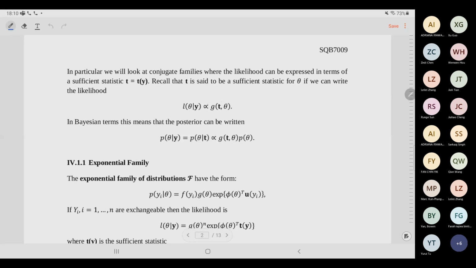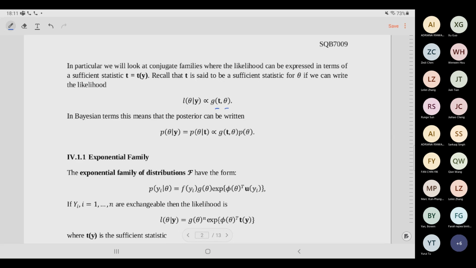So your likelihood is only a function of your T and theta. Meaning that if you have your likelihood of theta given y, then y can be written as a function of t. The y does not exist anywhere else, y is only in t. So you can rewrite your likelihood in this form.